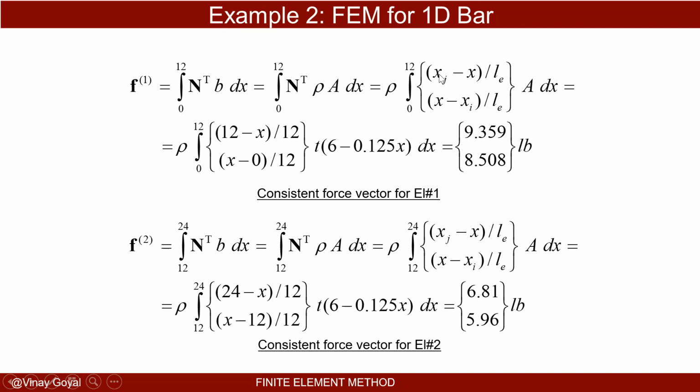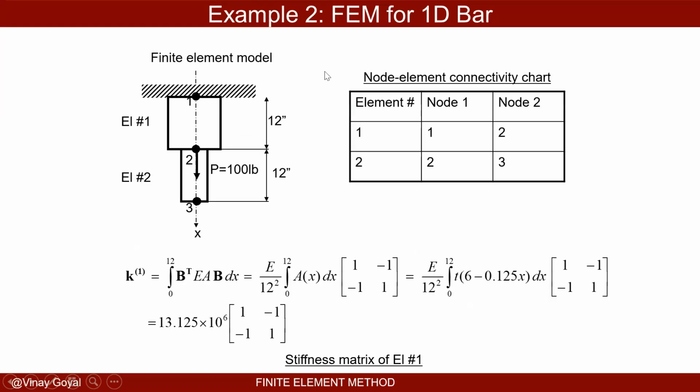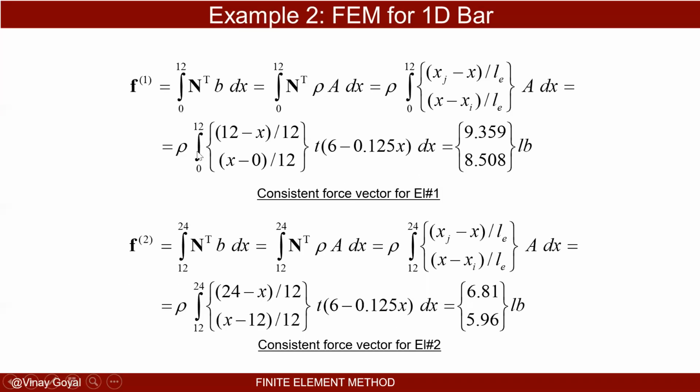Xj is 12 for element 1. Xi is 0 because it's at the fixed end here. Xi is 0 and Xj is 12. The element length is 12, so you can plug all that in here. And then you integrate the whole thing, and you get that the force vector for element 1 is this much.